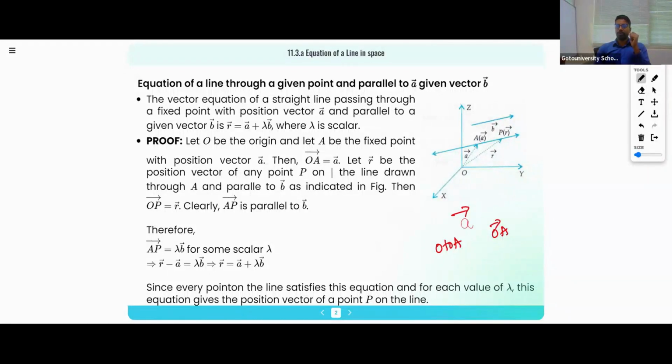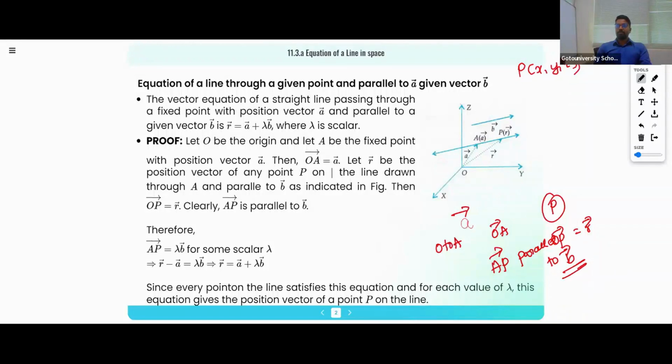This is OA, vector A. Let us take a point P such that OP is represented by the letter R, and AP is a vector which is parallel to vector B. What we know here are the coordinates of P as x, y, z.